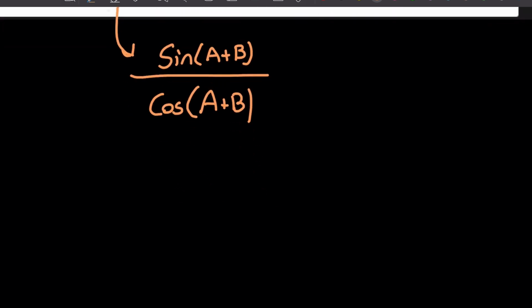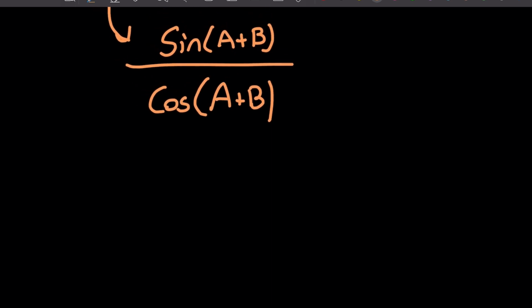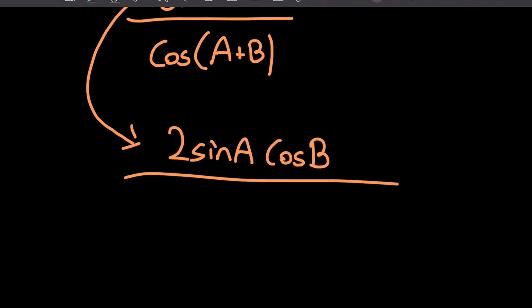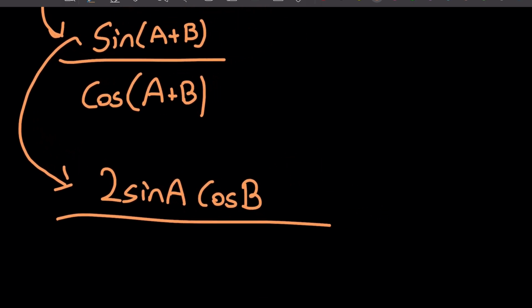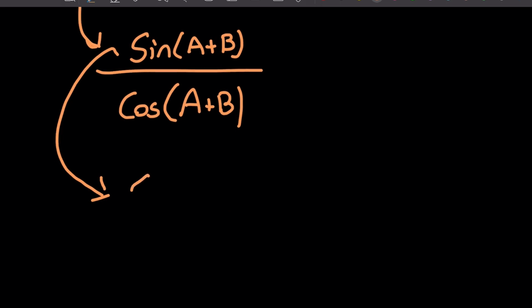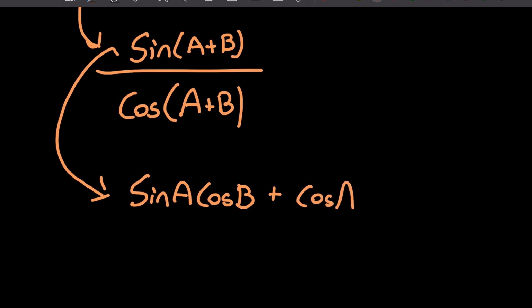So sine A plus B, expanding this on the numerator, is going to be equal to 2 sine A cos B over, sorry, sine A plus B, this is not a double angle formula, I'm so sorry. Sine A plus B is just going to be equal to sine A cos B plus cos A sine B. Sorry, that last question really took a toll on me, I won't lie.